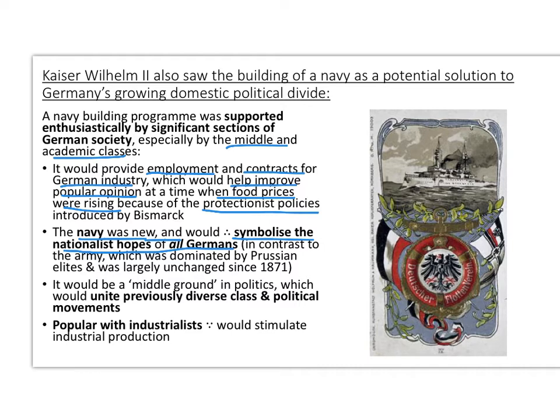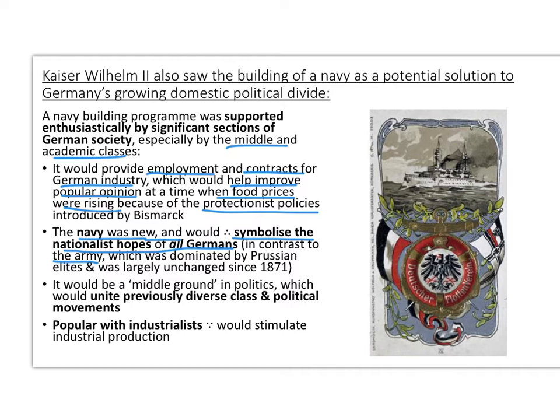And in contrast to the army, because the German army, which was the Prussian army, remember, was in a sense very elitist. It was very much an organisation of the upper classes. And so here's an opportunity that if we build a navy, the navy can become like a middle class branch of the armed forces, okay?